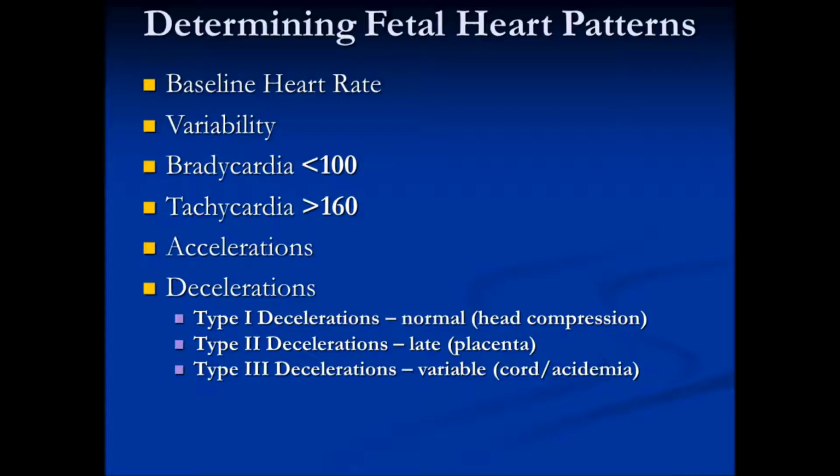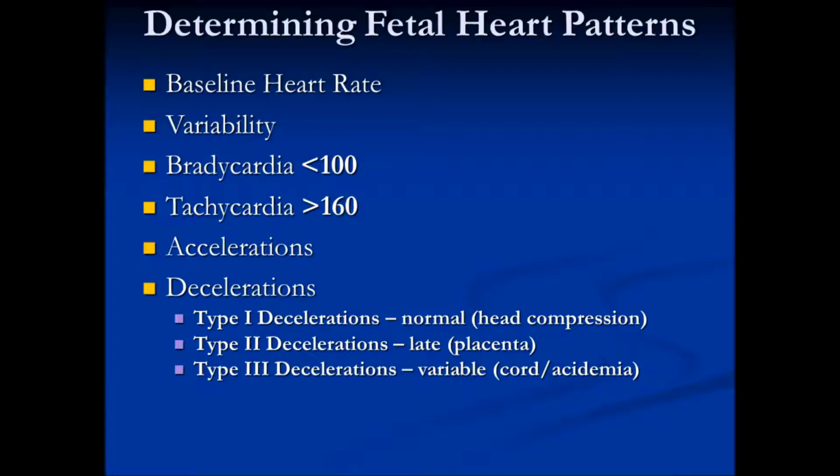Now, as listed here on your slide and in your book, there are 3 types of decelerations. Type 1 is considered normal, and it actually occurs when the head is being compressed as the baby is advancing in the birth canal.